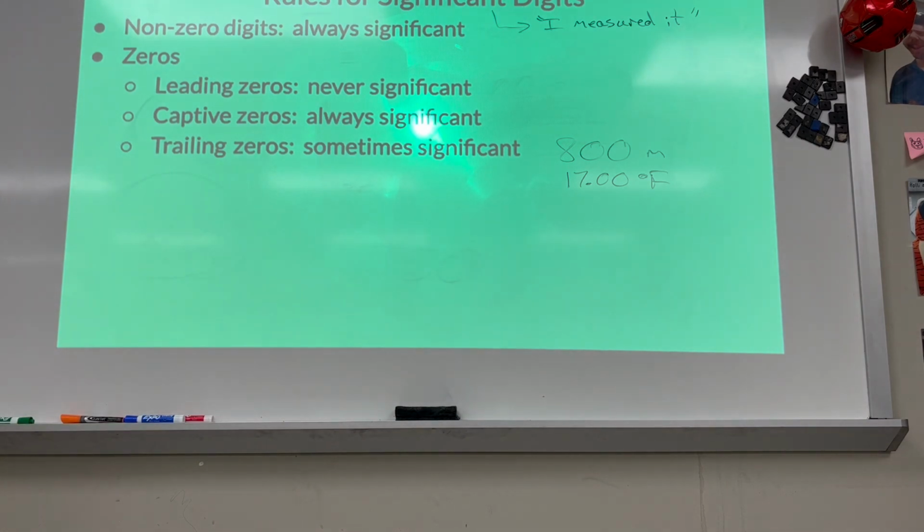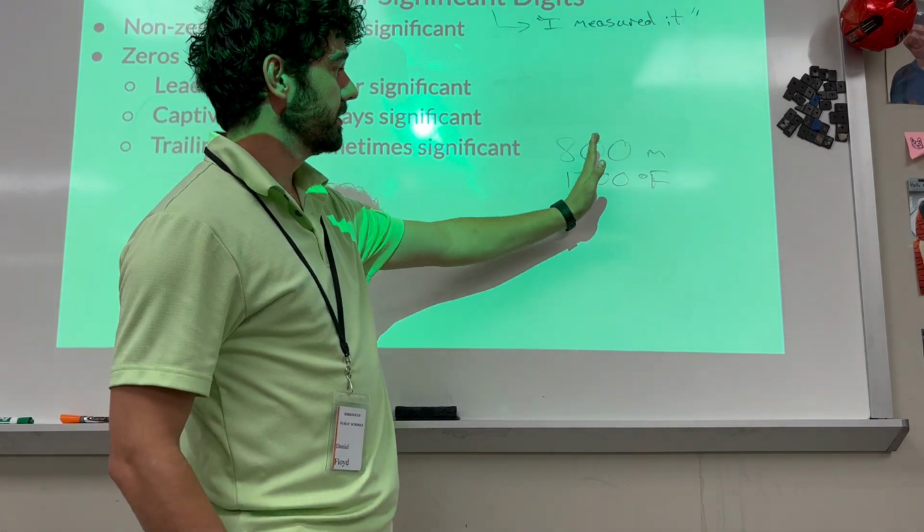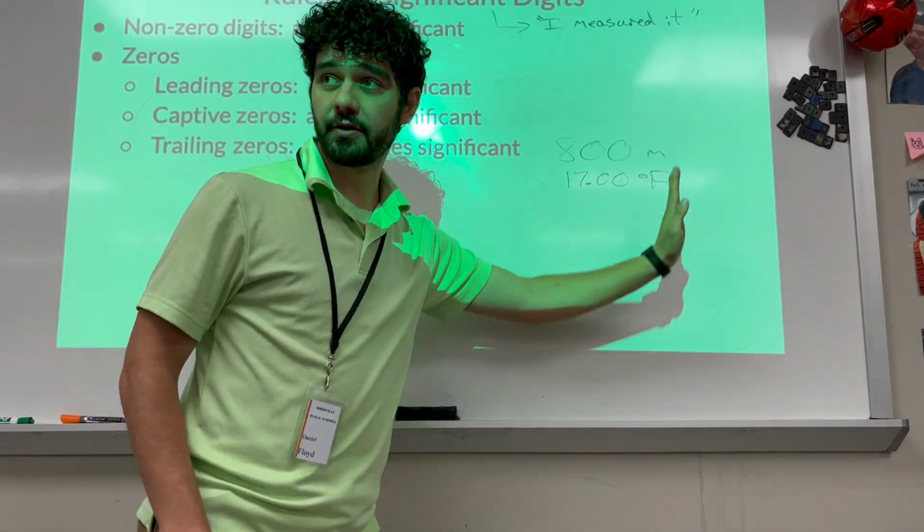Trailing zeros come after all of my non-zero digits. These are my non-zeros. My zeros that are after those are called trailing zeros.